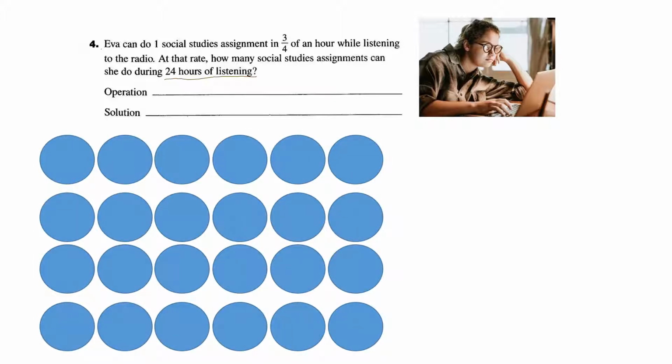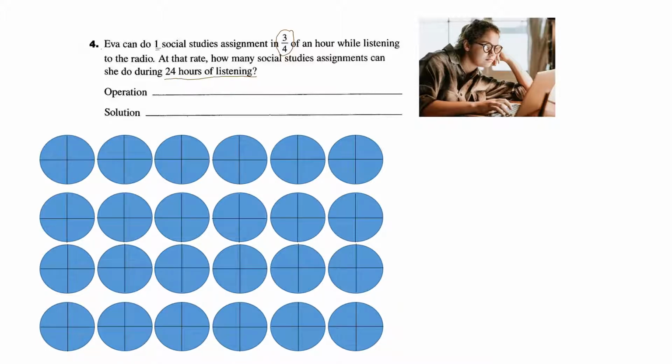Using a model, this means we would have to draw out 24 circles. Each circle represents 1 hour of listening. Now, she can do one social studies assignment in 3/4 of an hour. So I have to divide each hour into fourths. And if one assignment takes 3/4, we can partition out 3/4 for each assignment.